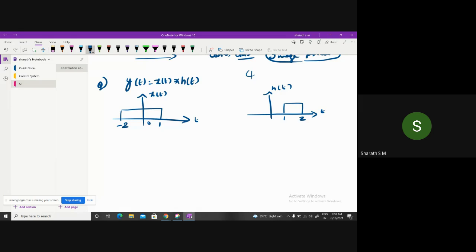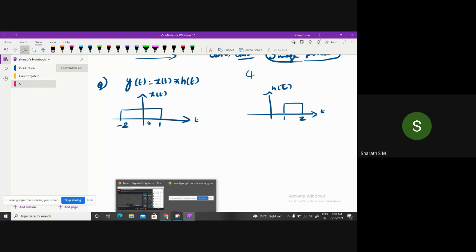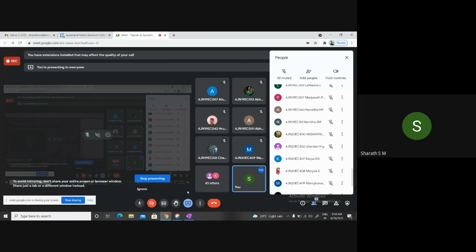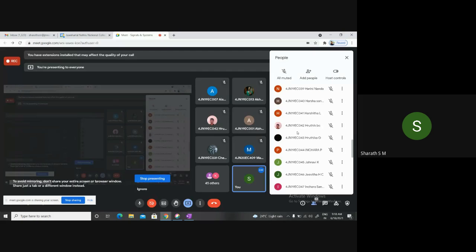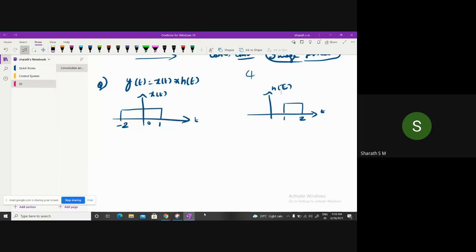So what is h of t minus tau? What is the signal for h of tau? Rutik, what is the limit for h of t minus tau?